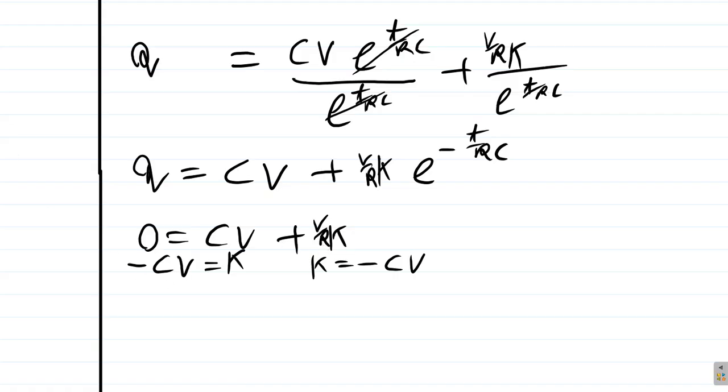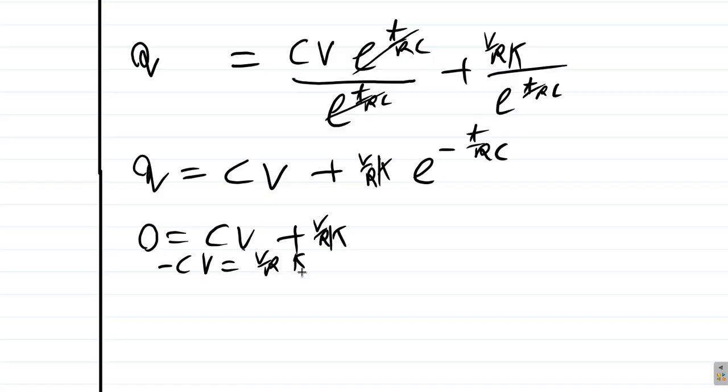Oh, so K would no longer just be CV, you know. Guess what? What you would have is negative CV is equal to V over R K. Right.